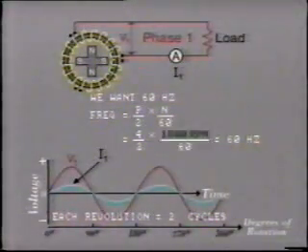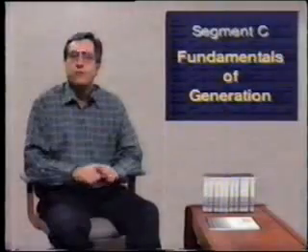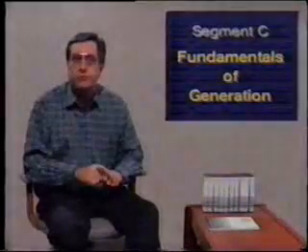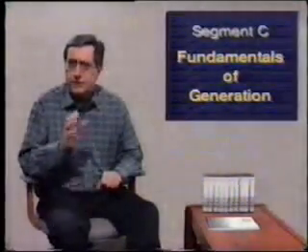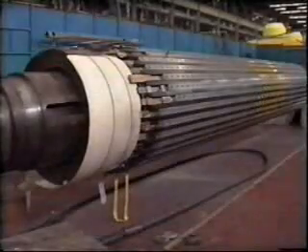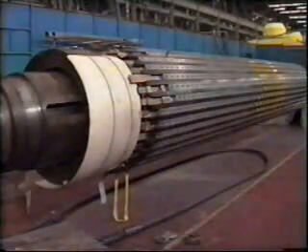Therefore, N equals 1800. The 4-pole machine must run at 1800 RPM to produce 60 hertz. You can see that the required speed of the generator depends upon the frequency and the number of poles on the rotor.